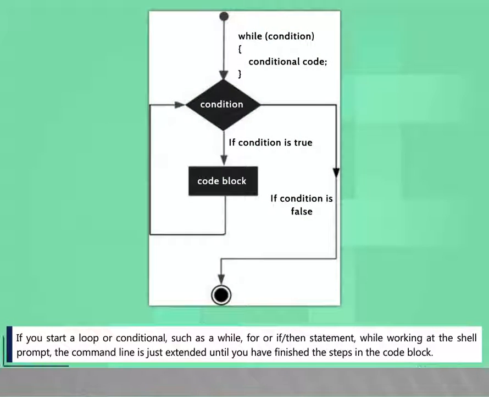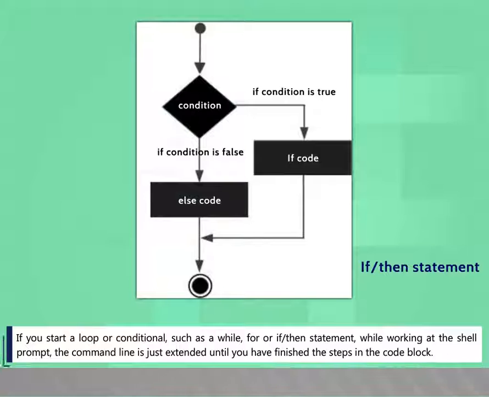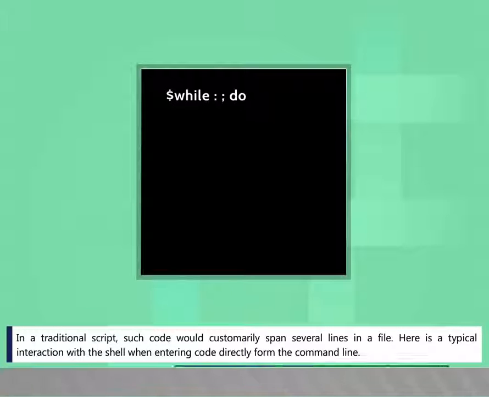If you start a loop or conditional such as a while, for, or if/then statement while working at the shell prompt, the command line is just extended until you have finished the steps in the code block. In a traditional script, such code would customarily span several lines in a file. Here is a typical interaction with the shell when entering code directly from the command line.